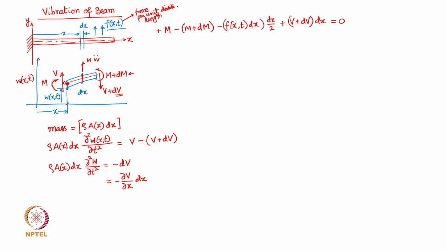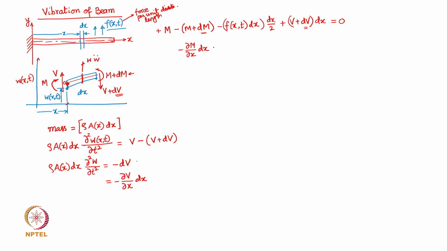What we can do is express this incremental change in the moment and shear force as we have been doing, so I can write this as minus, this M cancels out, and dM can be written as dou M by dou x dx.